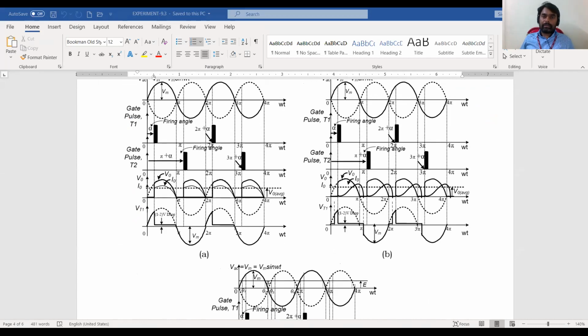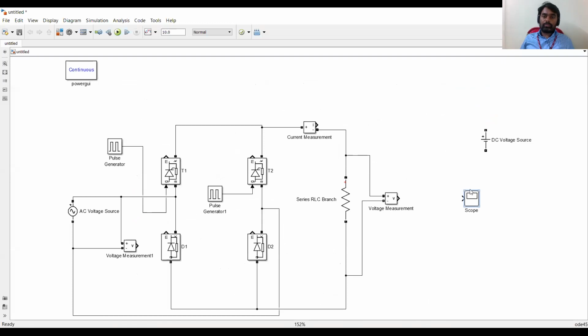If I double click on this scope, you may get this window. Here I need to adjust the number of axes as 5. Just uncheck this history and try to increase the line width so that you can see the responses more accurately.